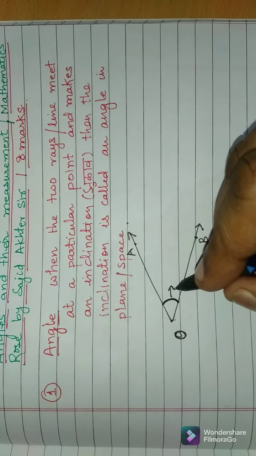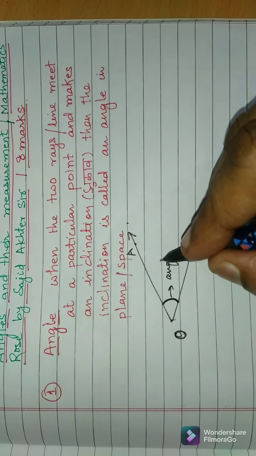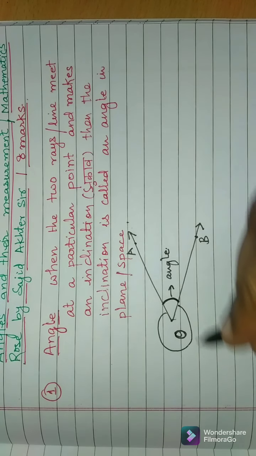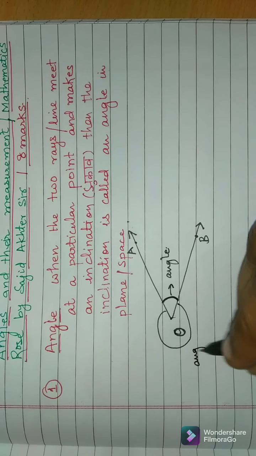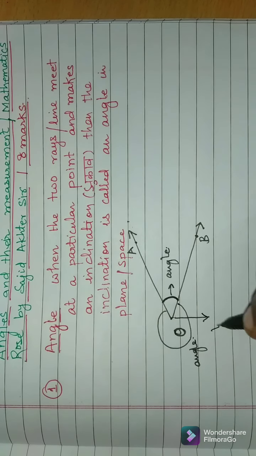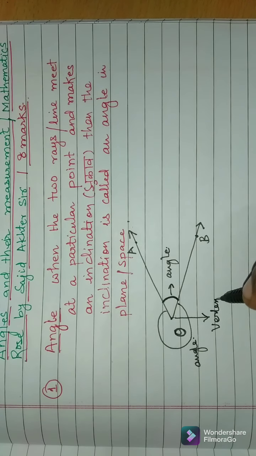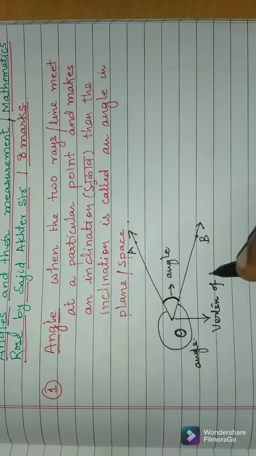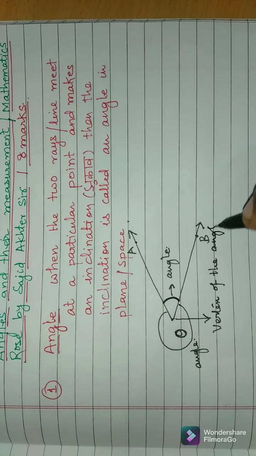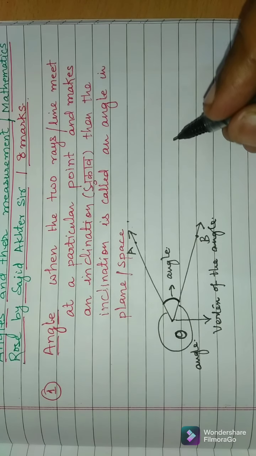So this is angle, and this is also an inclination, so this is also an angle, and the point where they meet is known as the vertex of the angle. So here O is the vertex.